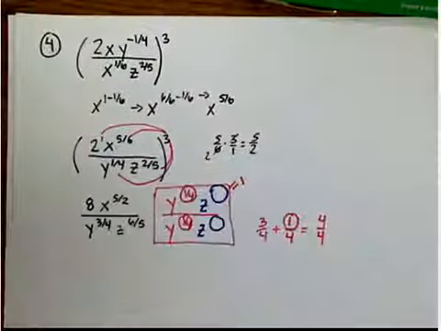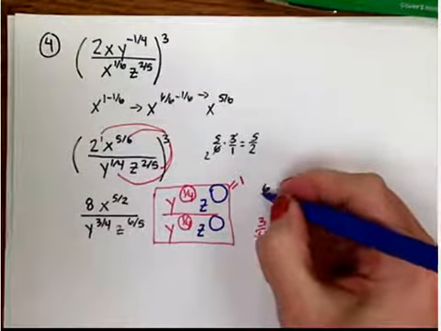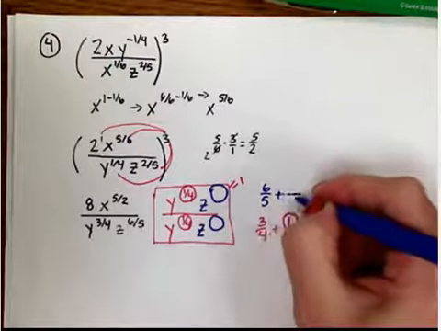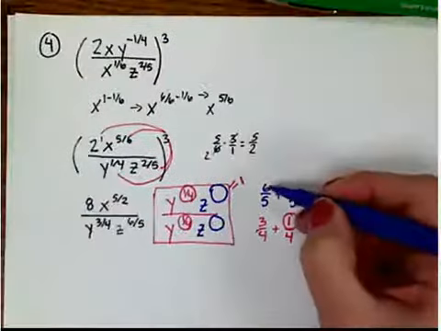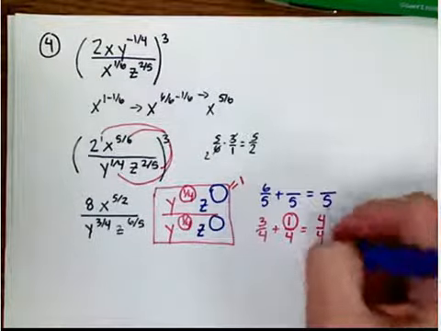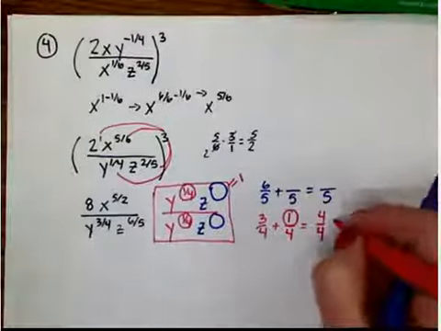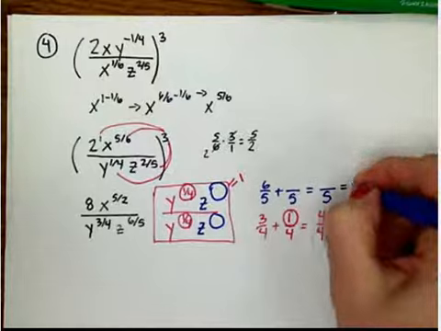Okay, now we have to do the z. A little bit trickier here. So we have 6/5 plus something over 5. Now, 6 is already more than 5, and so we're not going to equal 1 like we did in the y example. We're going to go up to the next integer, which is 2.